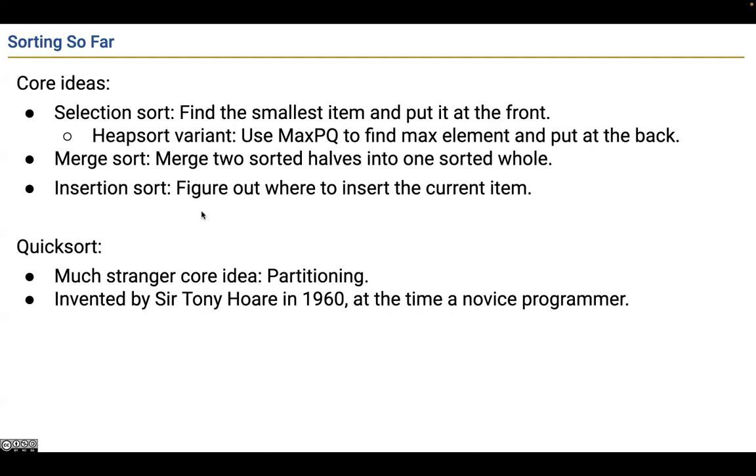By contrast, insertion sort, which might have felt really similar, uses another core operation. It does not find the smallest element. If you go back and look at insertion sort, we never bothered finding the smallest element. Instead, we figured out where to put the current item. So the key idea of insertion sort, the operation you do over and over again, is that traveling operation where you find out where the item needs to go.